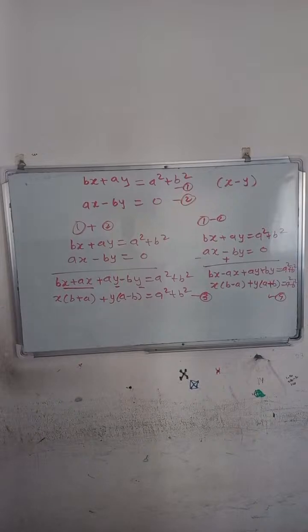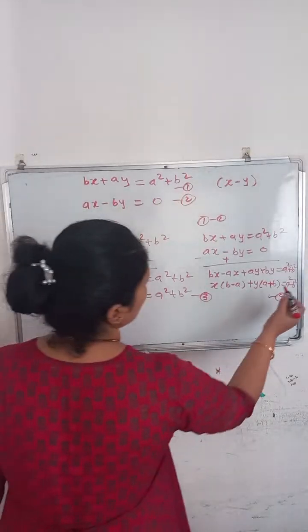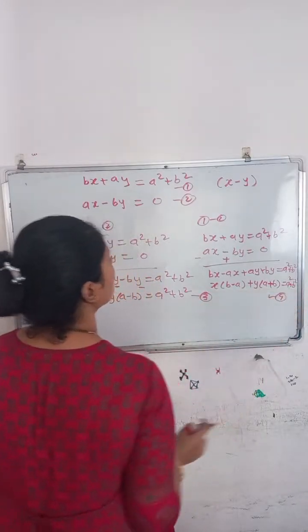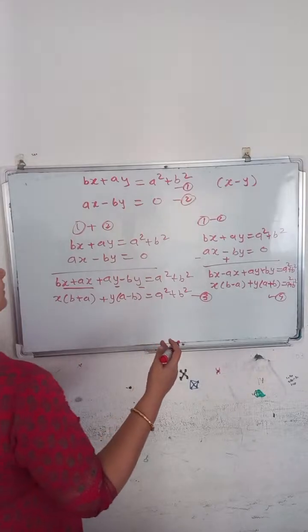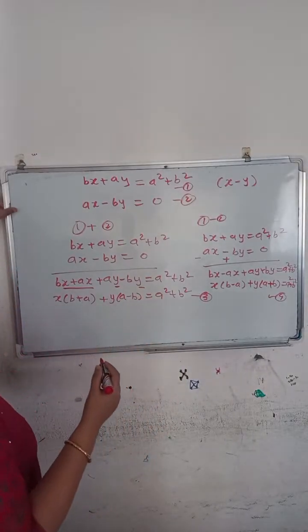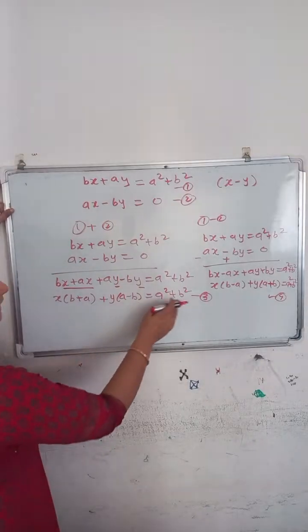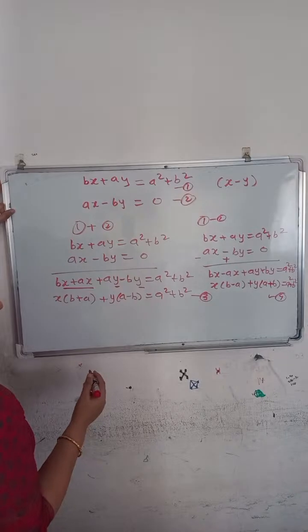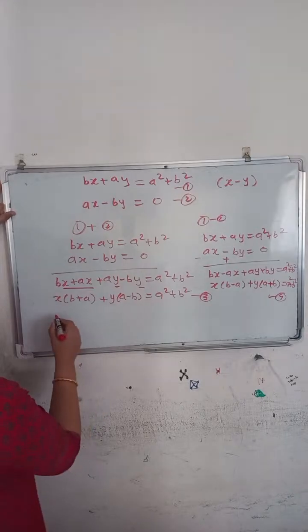This is a square plus b square, a square plus b square. Not left hand side, the RHS are equal. From 3 and 4 we can take a square plus b square, and that is a square plus b square. The RHS are the same, so we can compare the LHS also.